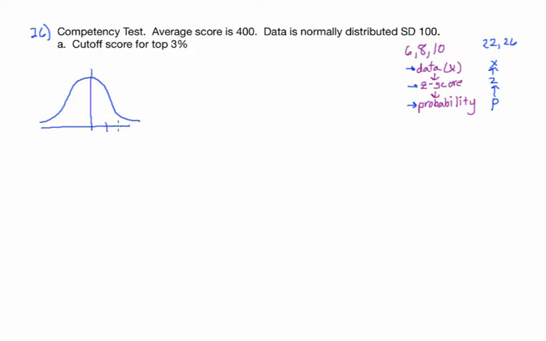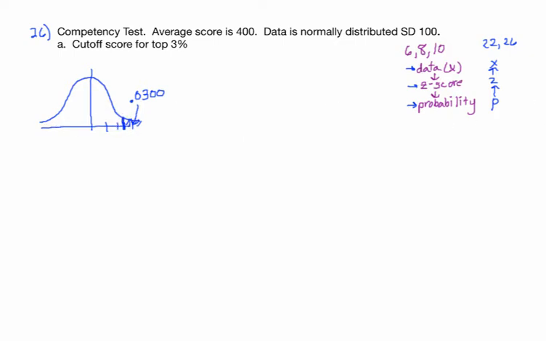Where is that going to be? Well, the top 3%, I'm guessing it's right in here. So I want to find this z-score to match up with this top 3%, 0.0300. Remember that our table shows us to the left.